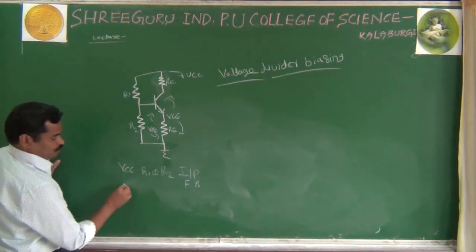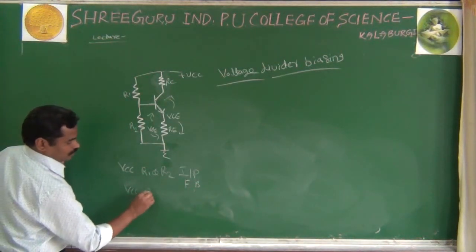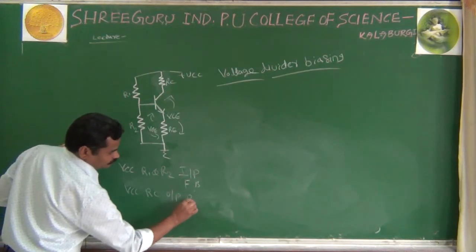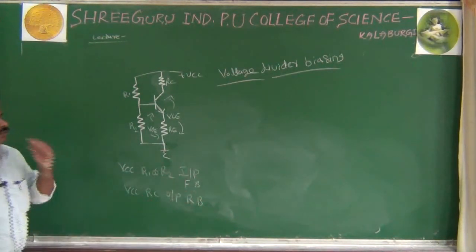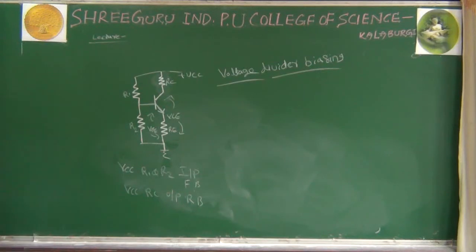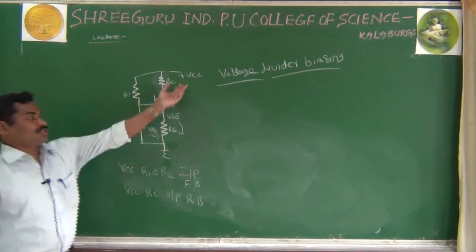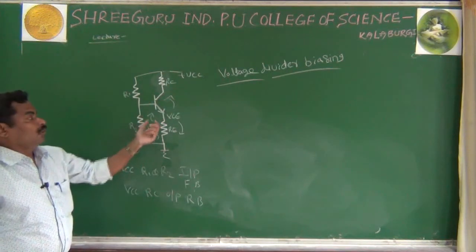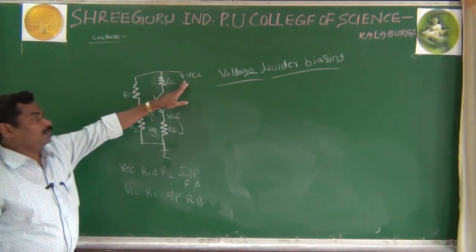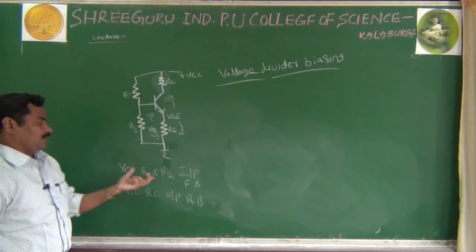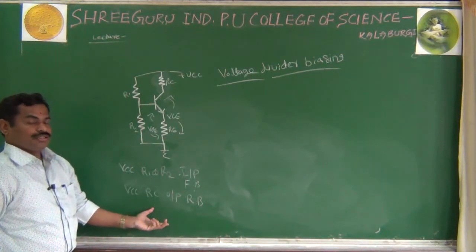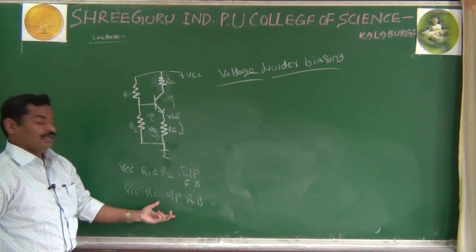And if you use VCC and RC, that makes the output reverse bias. That is the importance of using only one power supply in transistor amplifiers. Only one power supply acts for the input to make it forward bias, and it is also used to make the output reverse bias.